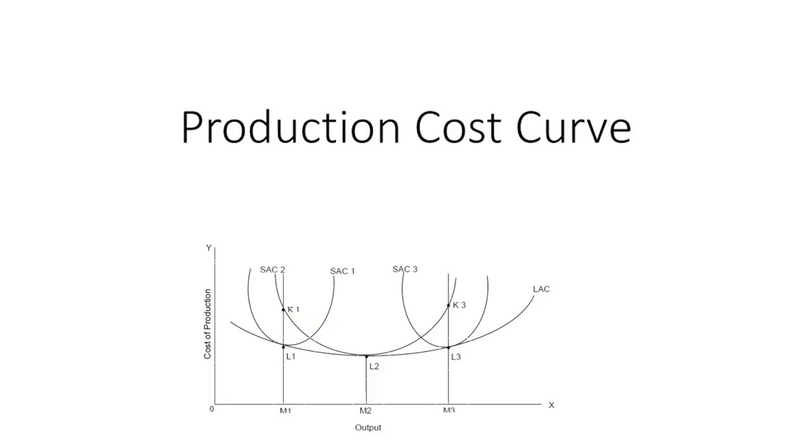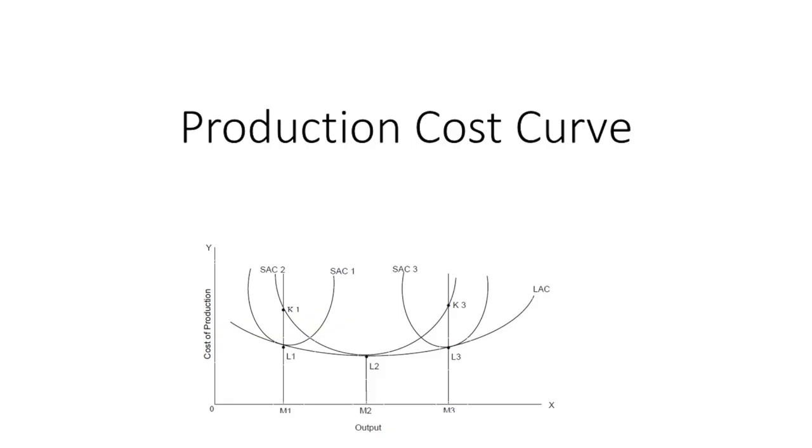But when we see the short run average cost SAC2, for this level of output OM2, we can see the cost of production is L2M2, and the long run average cost is just touching the minimum point on the short run average cost. Here the short run average cost and the long run average cost are the same.